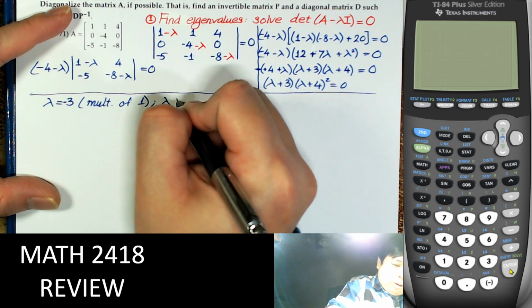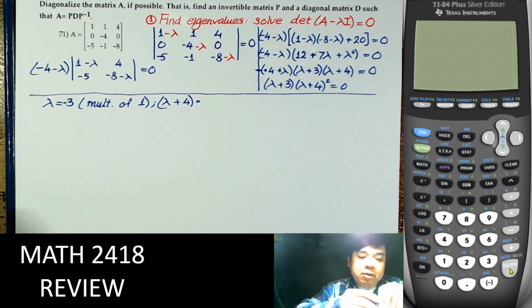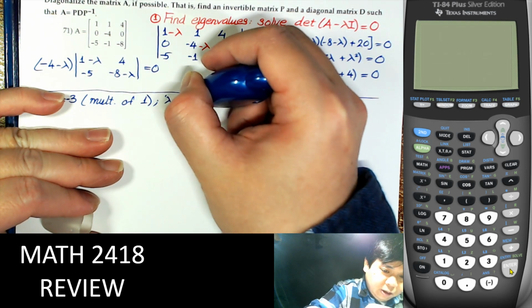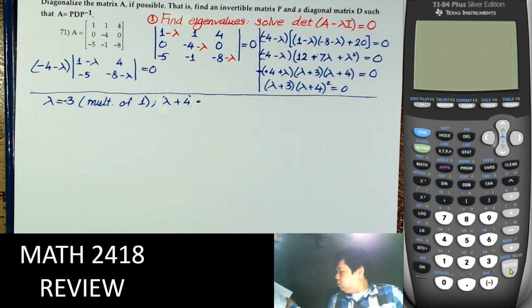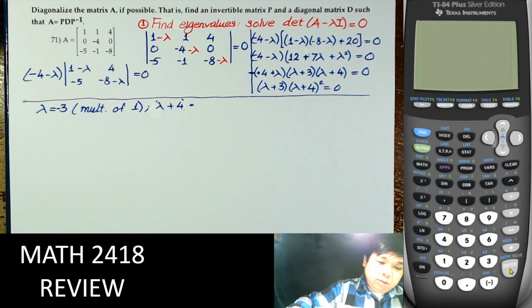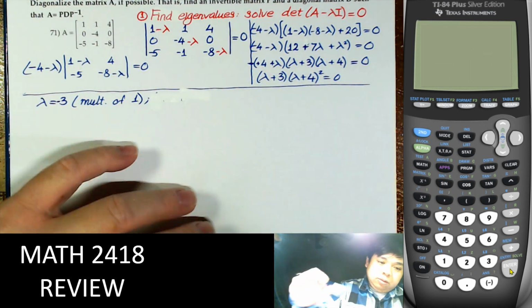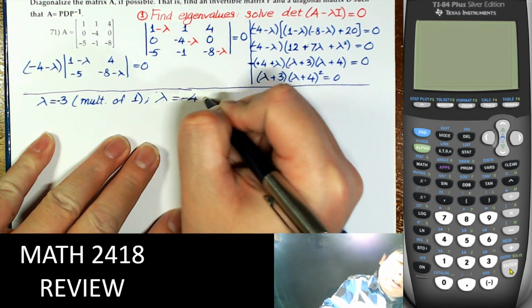And lambda plus 4 equal to 0, so lambda equal to negative 4, multiplicity of 2.